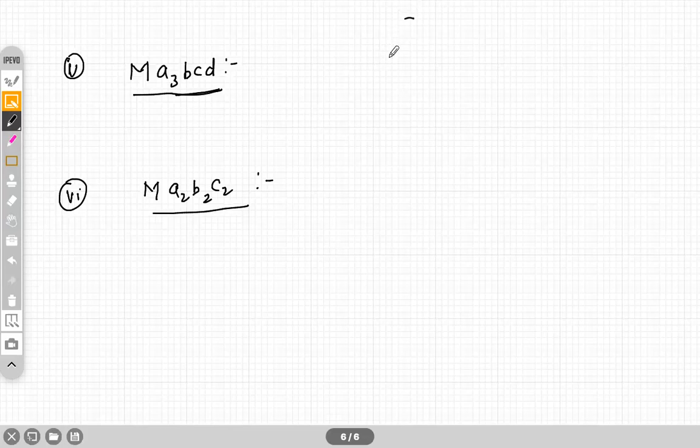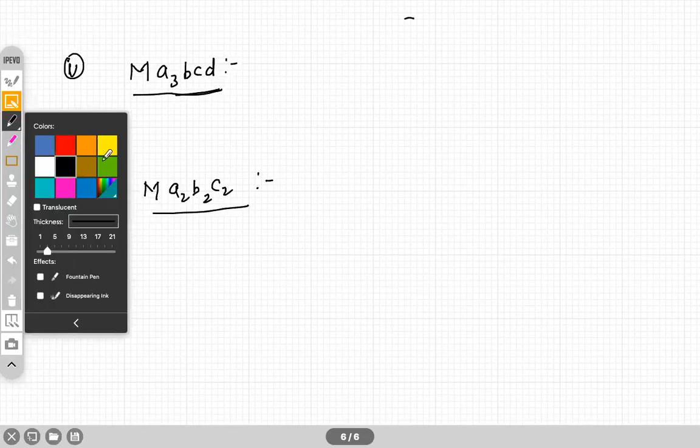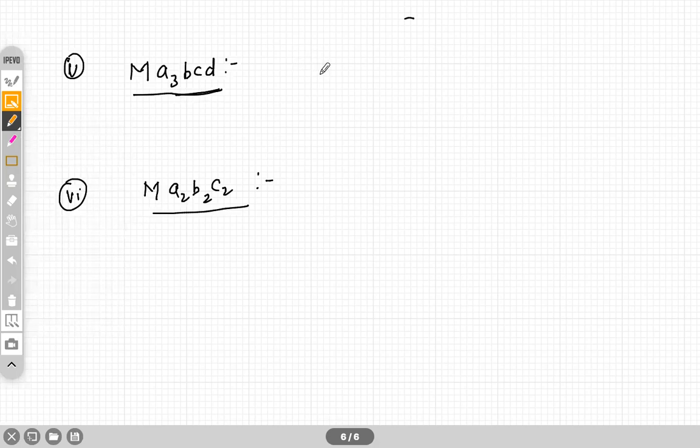Done? Okay. So the first one we are getting 4, and the second one we are getting... The possible arrangements here are, we can write down AA, then we can write AB and CD.